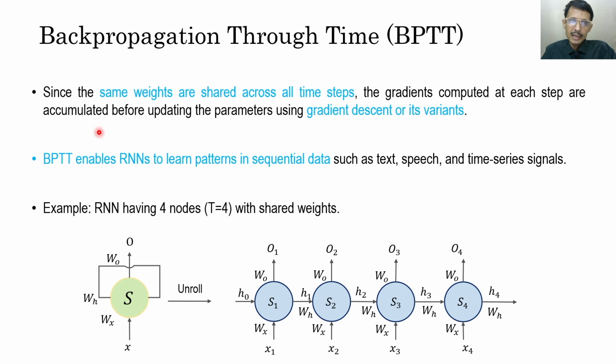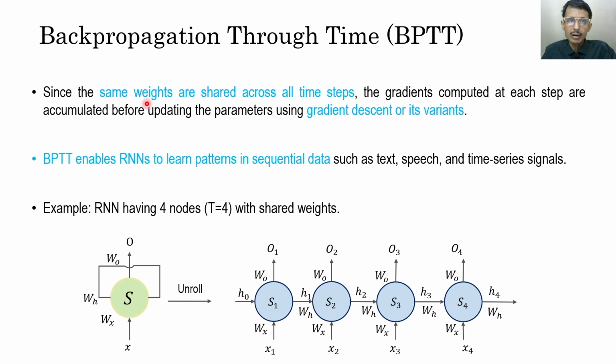Now, you see that the same weights are being used. Wx, Wh, Wo are all the same. So the same weights are shared across all time steps. The gradients computed at each step are accumulated before updating the parameters in gradient descent. So when it is backpropagated, all these error gradients are taken into consideration.